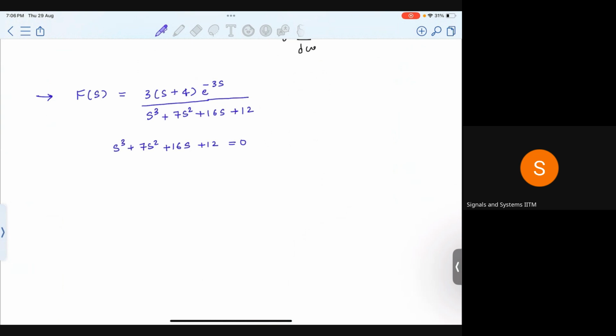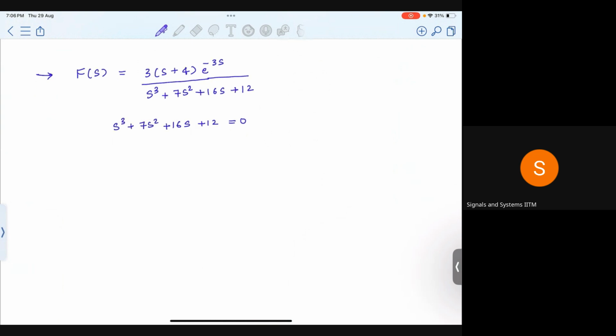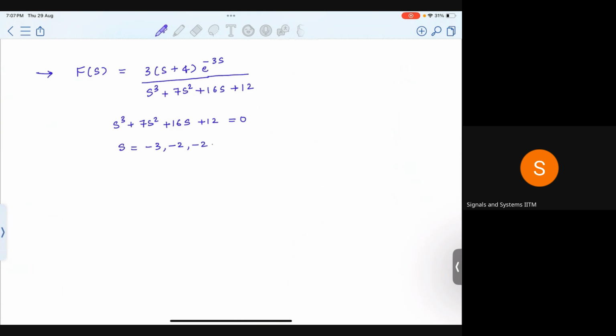You have the tool set, so you just try to find the roots. You can find easily that the roots are minus 3, minus 2, minus 2 when you solve for this expression. If you have a mathematical calculator in hand, you can just plug in this equation and find the roots of this expression.